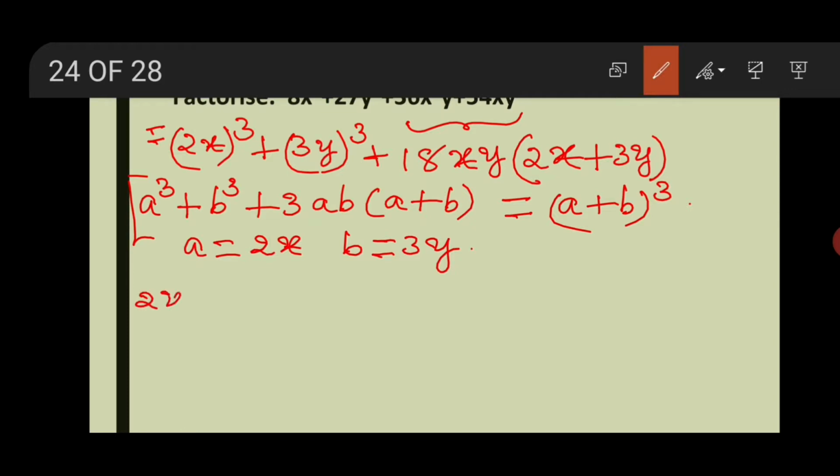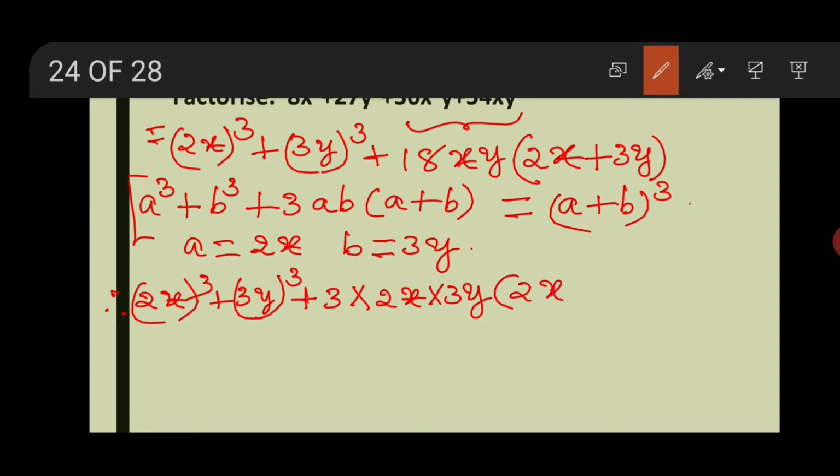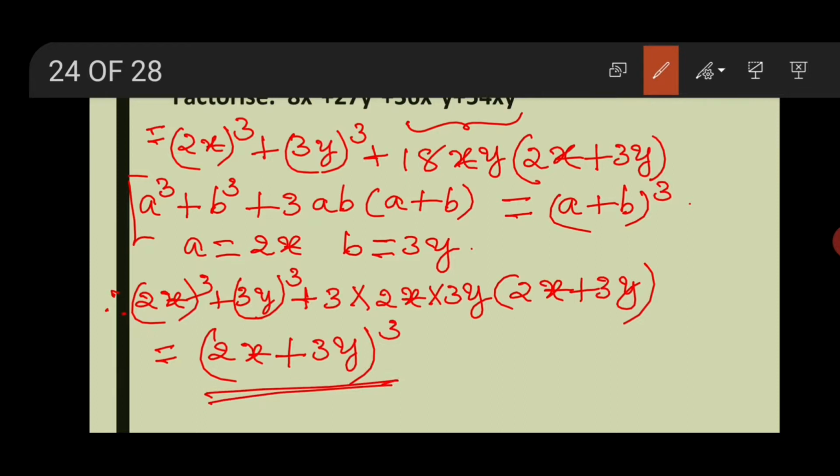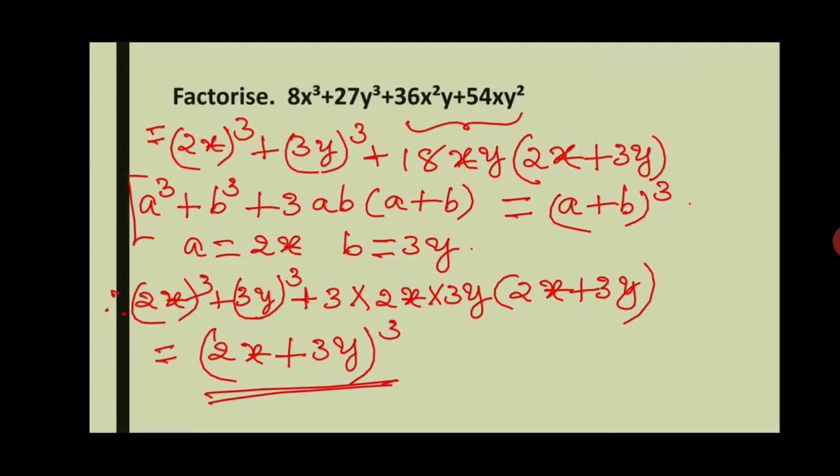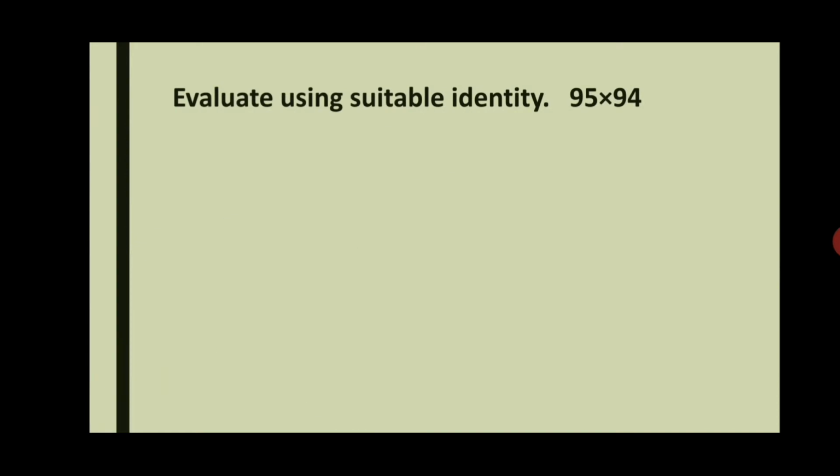Therefore, we can write 2x whole cube plus 3y whole cube plus 3 into value of a is 2x, value of b is 3y into 2x plus 3y. Therefore, it is equal to a is 2x and b is 3y, a plus b whole cube. Understand? Yes. Let us move to one more problem.